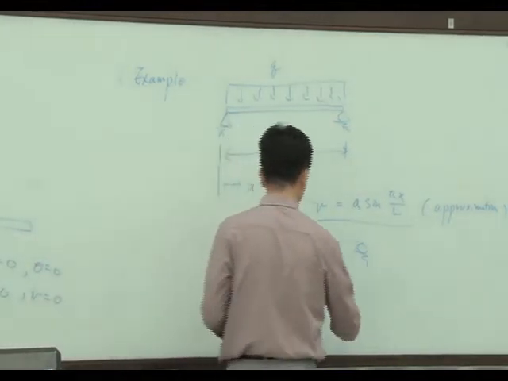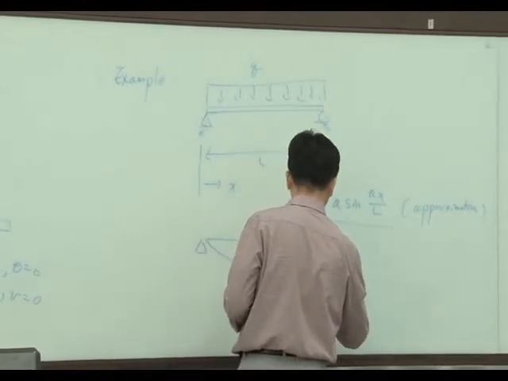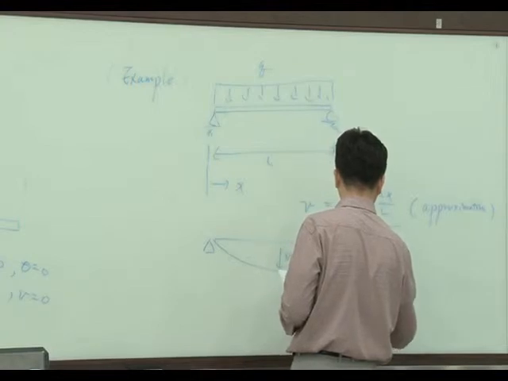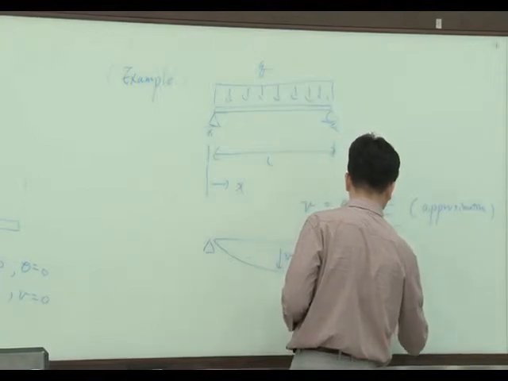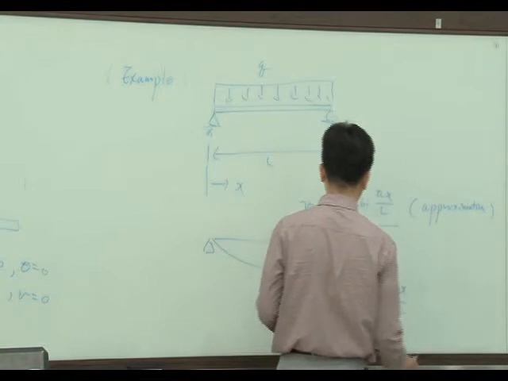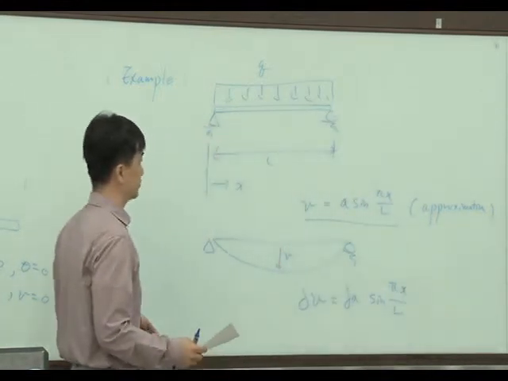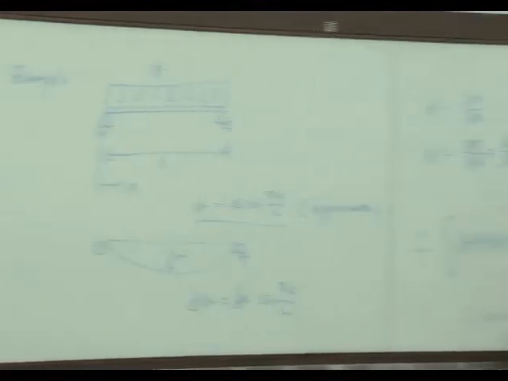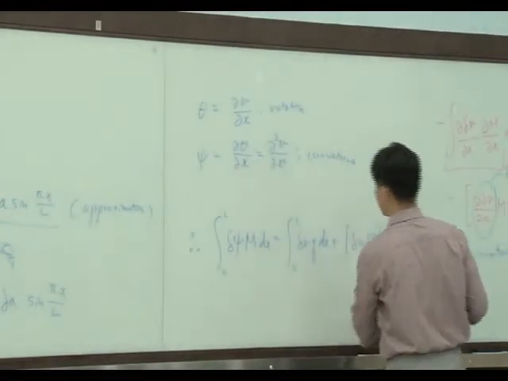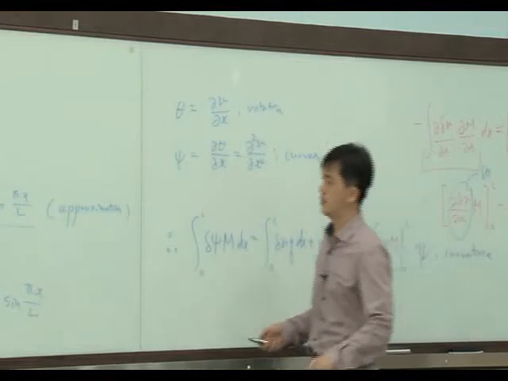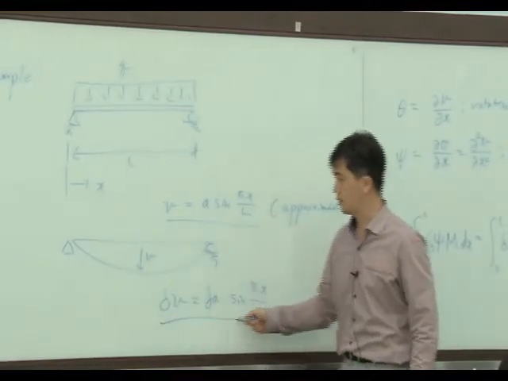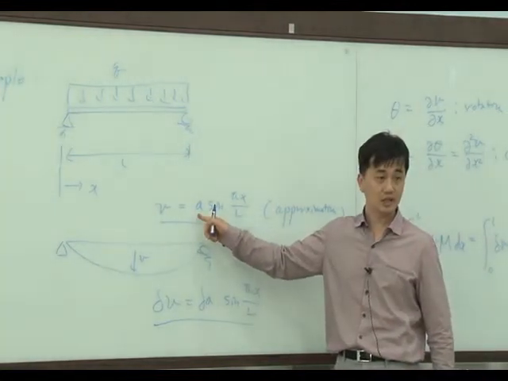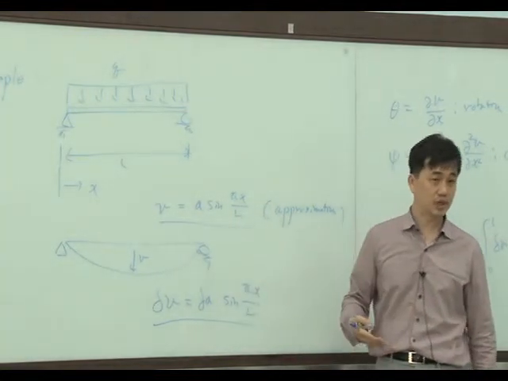And then for the virtual displacement pattern, we are using the same pattern, A sin(pi x / L). Using this approximation, once we calculate A, that's going to give you the approximation.